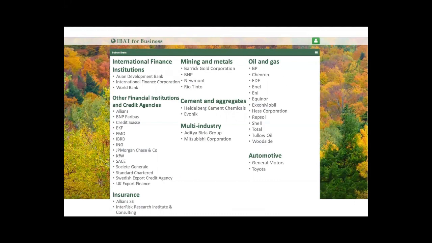And the same information is also channeled to large corporations, including those listed here, so that they can take this information into account early in the project exploration and development phase and seek to avoid environmentally destructive impacts in these areas. And I think that's really important. Having that information up front can enable companies and corporations to think about the environmental impacts well in advance before they are too far ahead in the project development process.